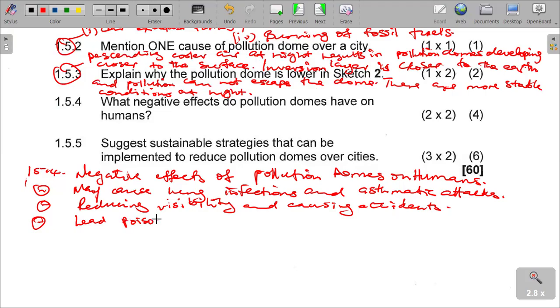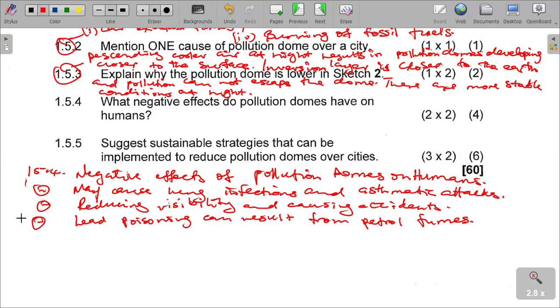Lead poisoning can result from petrol fumes. So these are some of the negative effects of pollution domes on humans.